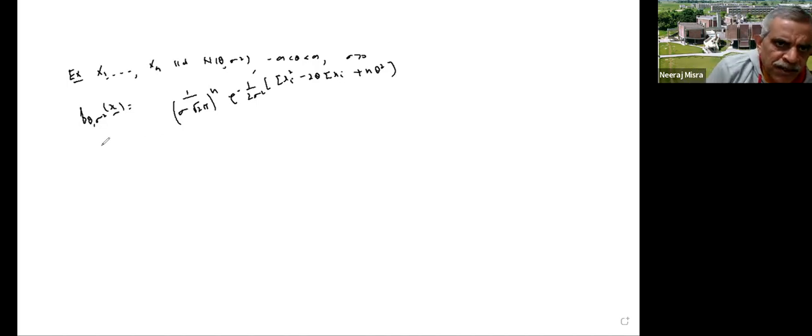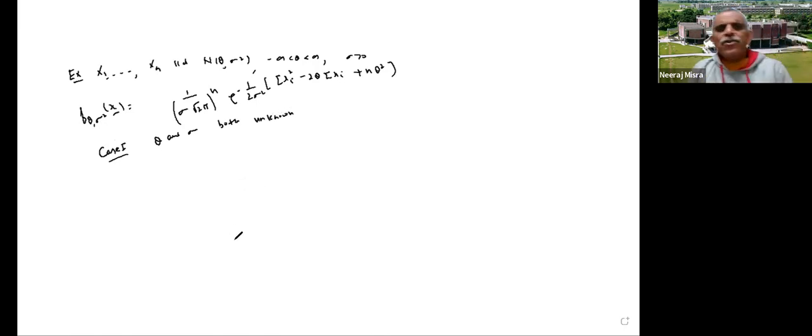The first is both are unknown, theta and sigma both. Then I try to look at under what conditions f theta of x upon f theta of y is independent of theta. So I look at f theta sigma square of x over f theta sigma square of y. This will get cancelled in the numerator and denominator.